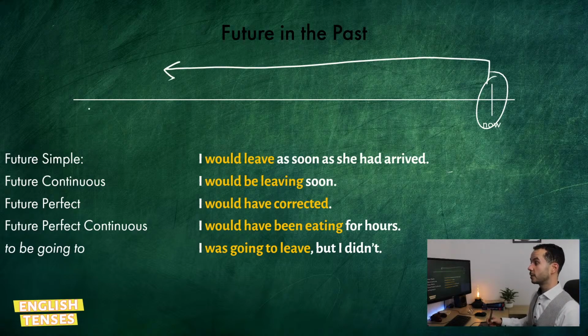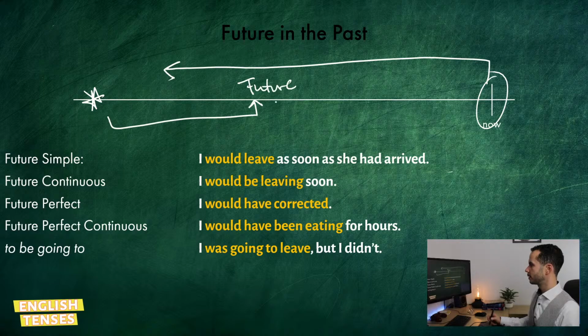And at some point in the past, someone said something about the future. So in the present, we're looking back at the past, and we're reflecting on the moment when someone in the past said something about the future.